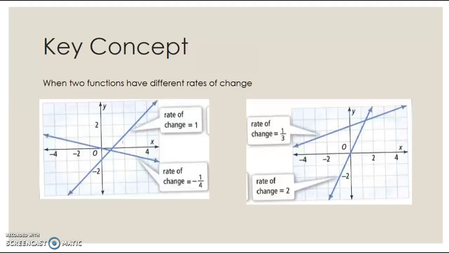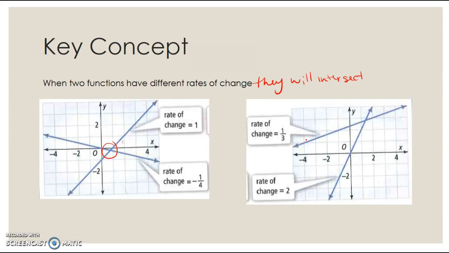So our key concepts: when two functions have different rates of change, they will intersect. So here are some examples. This blue line has a rate of change of 1, and this one has a rate of change of -1/4, and so they intersect here.